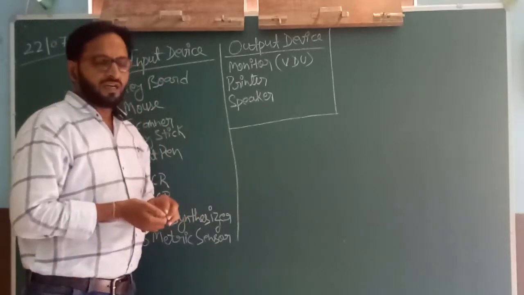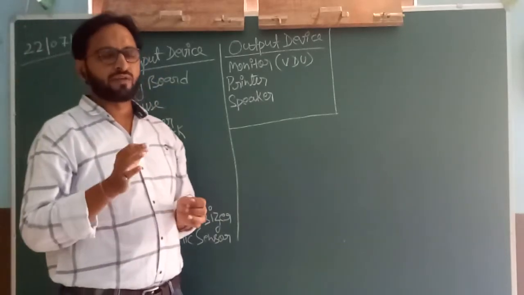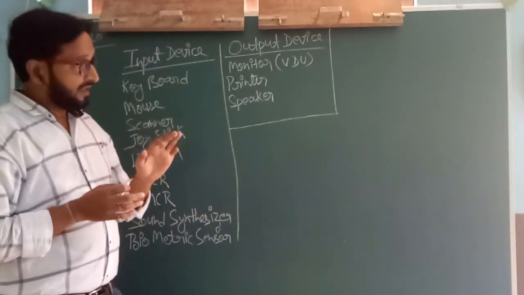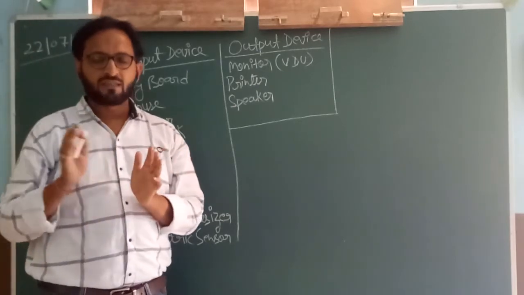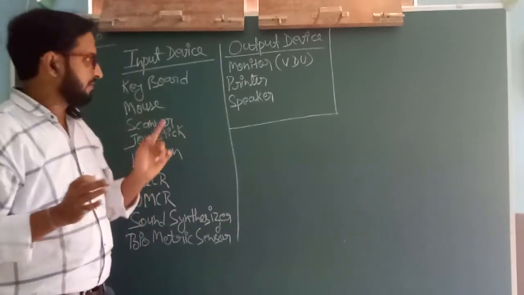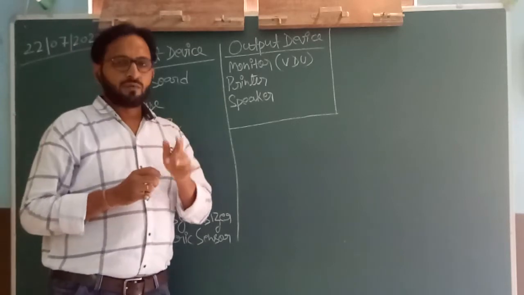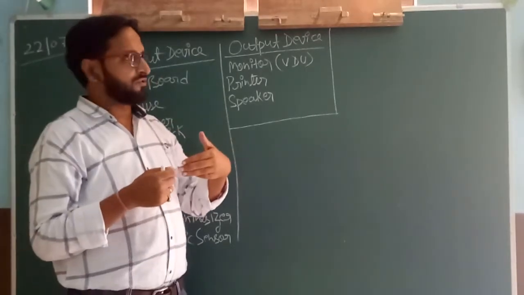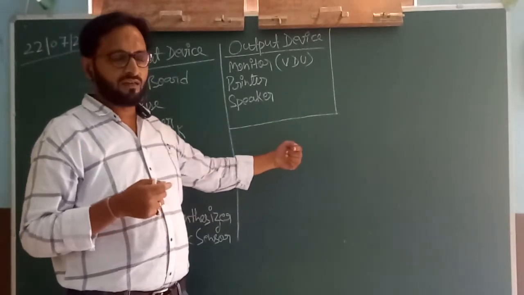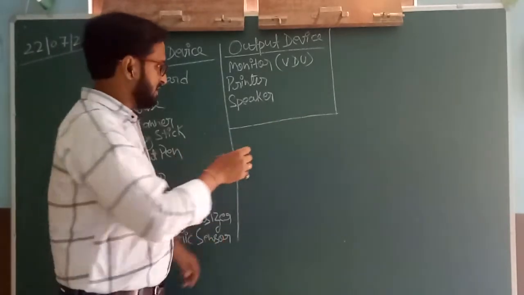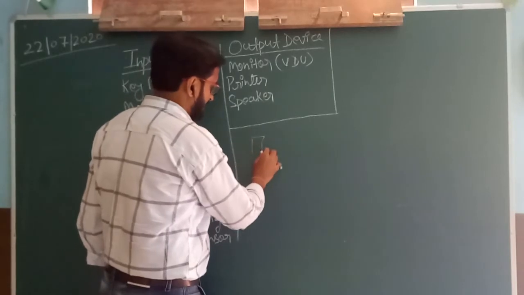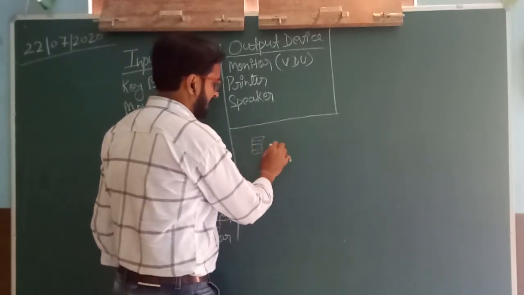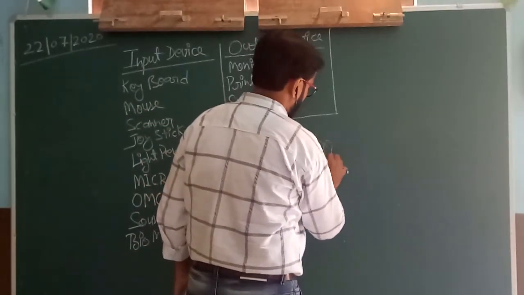The last one is the wireless mouse. With the wireless mouse, all the work of the optical mouse can be done. But one thing is that there is no wire. There is no need to connect a wire between, say, our CPU and our mouse.